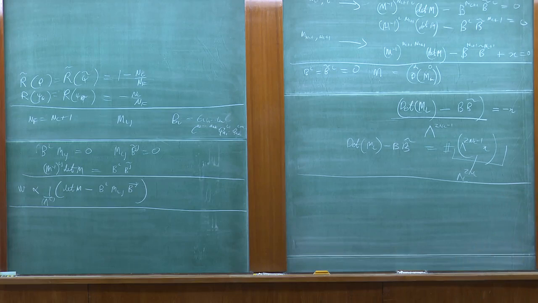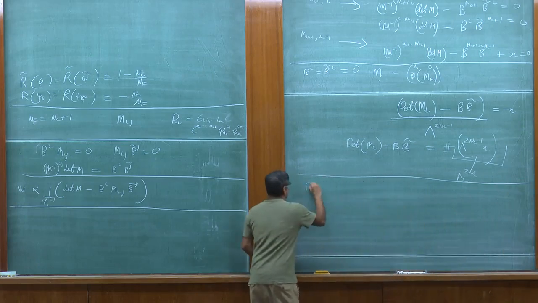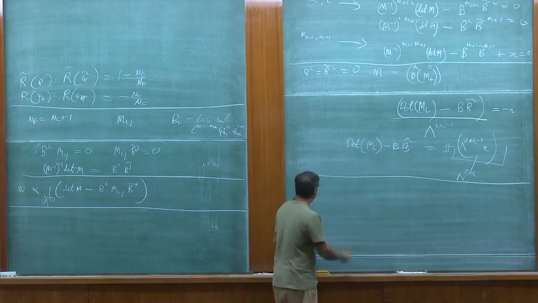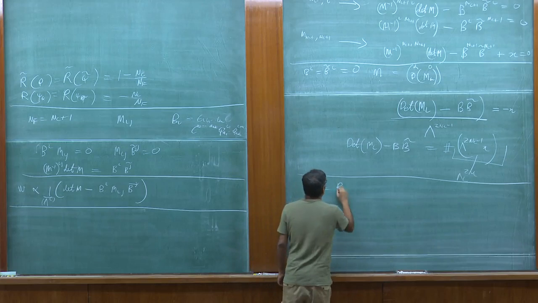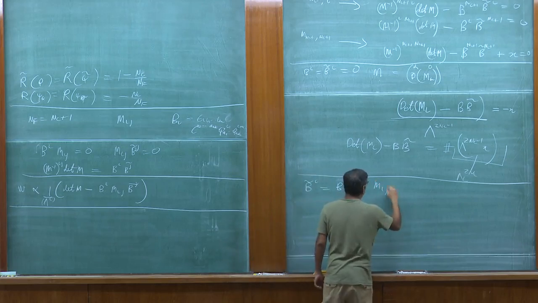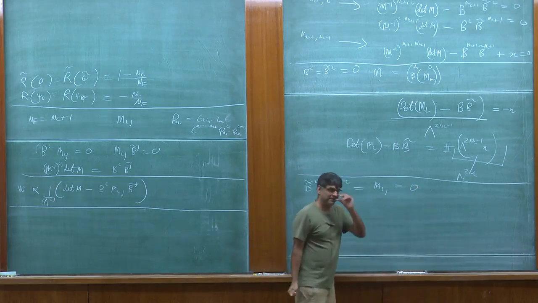I was alluding to this at the end of the last class, but I want to say this more clearly now. You see, this moduli space, as we discussed at the end of the last class, has a very symmetric point. It's b tilde i equal to b_i equal to m_ij equal to 0.